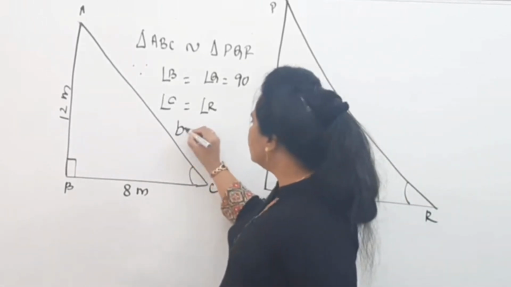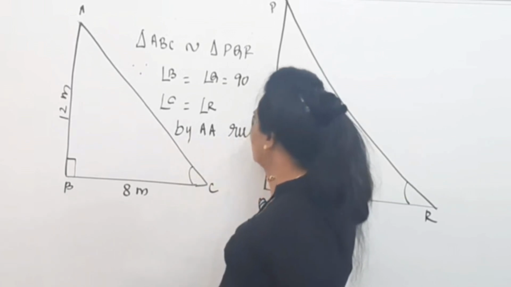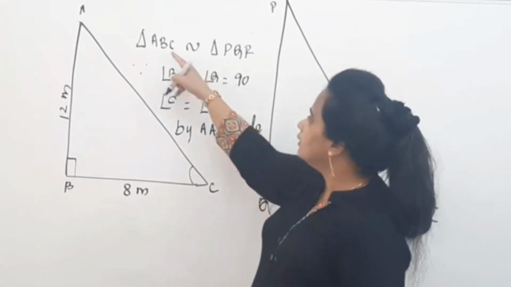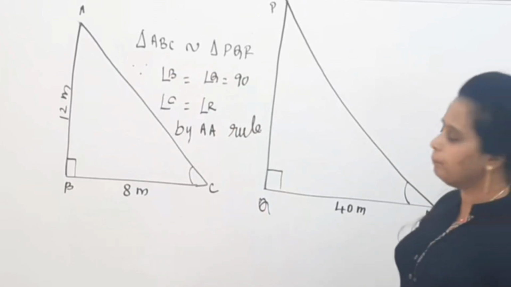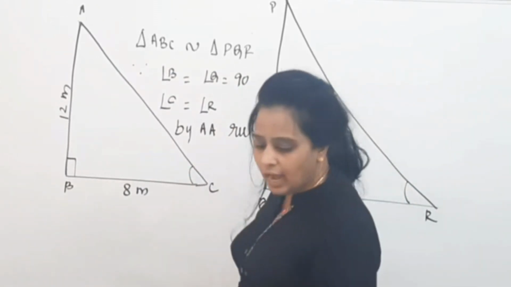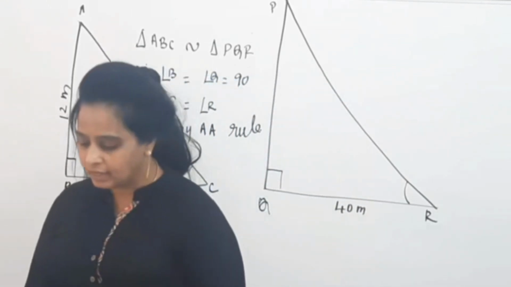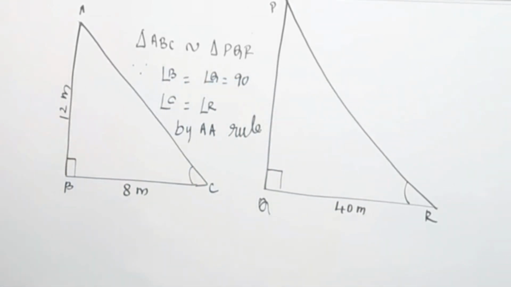So by AAA criteria or AA rule, I can say that triangle ABC is similar to triangle PQR. So what happens when the triangles are similar? I would write my triangles are similar, I would write my ratios are equal.